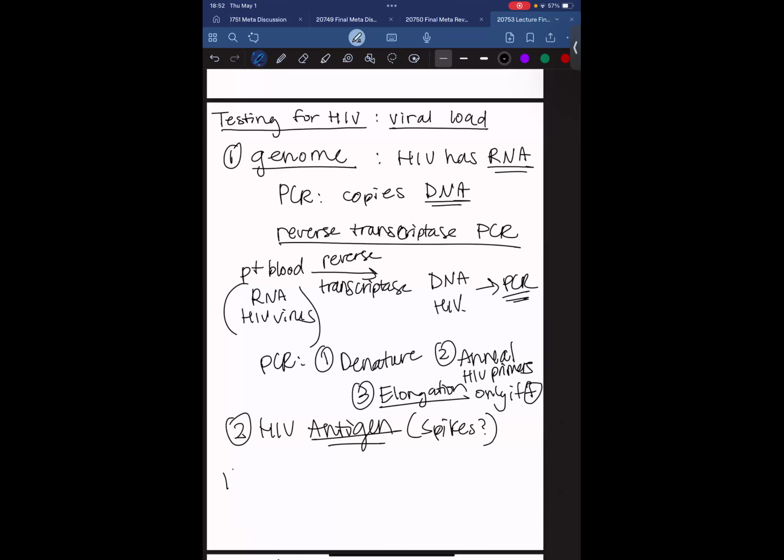So what we will do is use a known anti-HIV antibody and then do ELISA asking the question, does the patient have HIV antigen? What type of ELISA is that? The sandwich one, yes. So that one is direct.